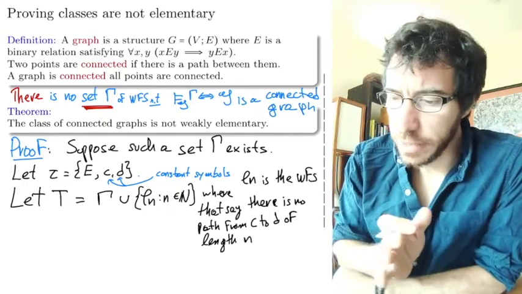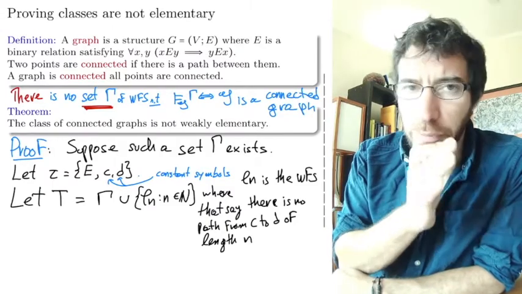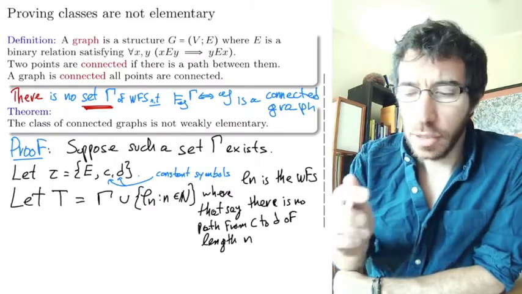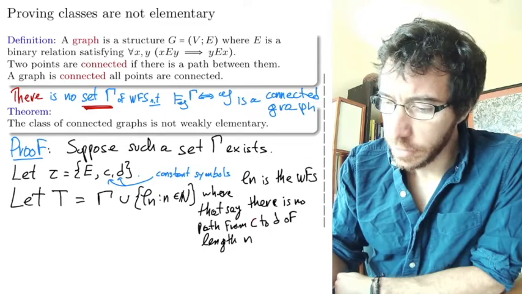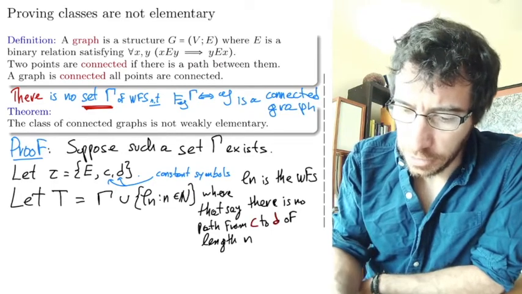Okay, so phi sub n is a sentence that says there is no path from C to D of length n. So let's write it here.